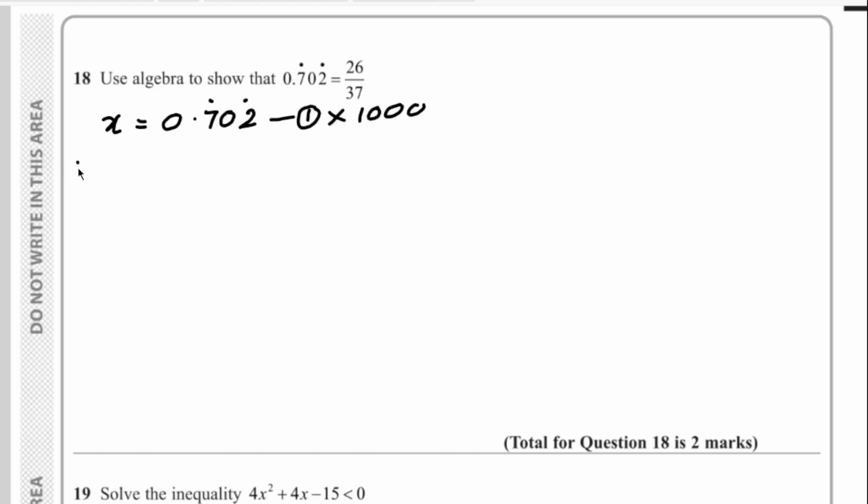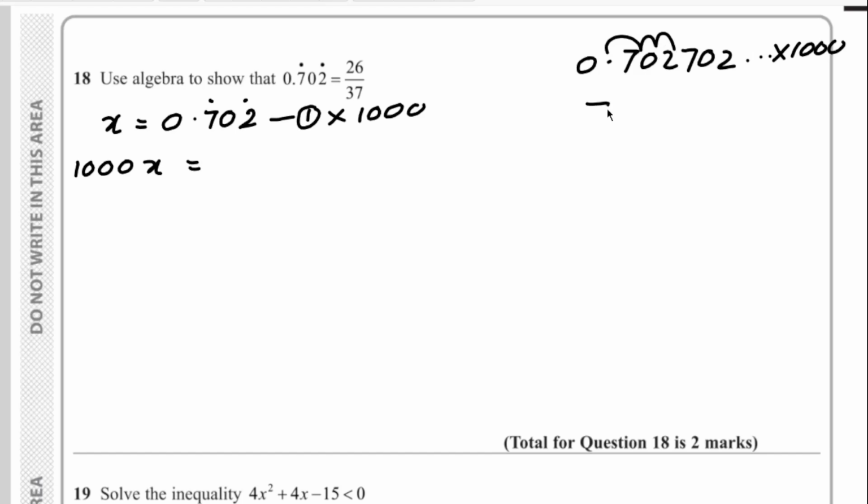Then it will be 1000x equals, once I multiply this one, 0.702702, it goes on and on. If we multiply by 1000, the decimal point is moved 3 places forward to this side. Then it will be 702.702702, it goes on and on.